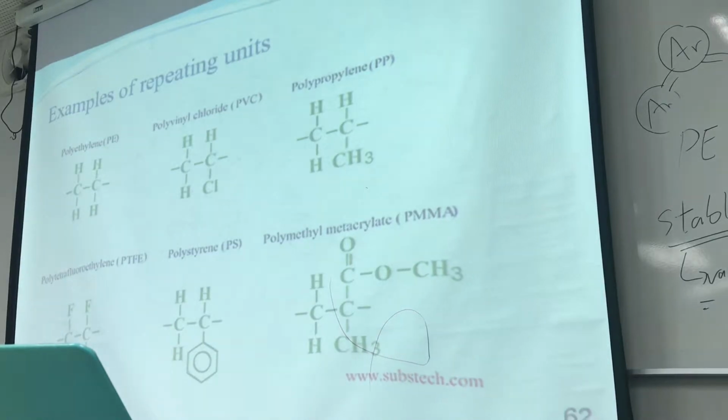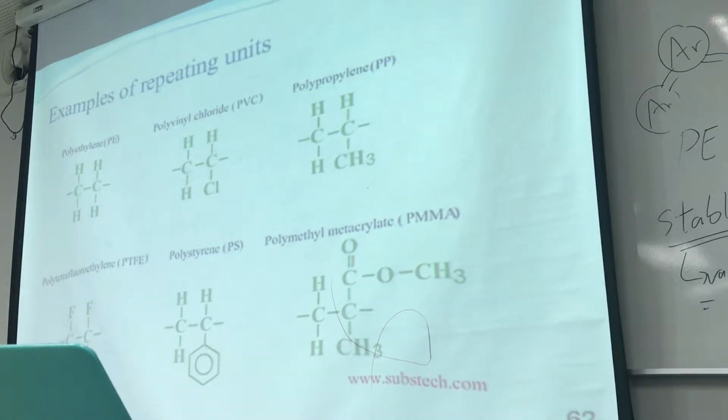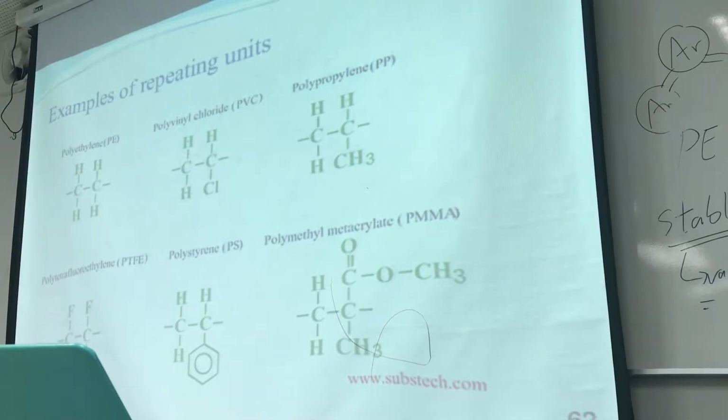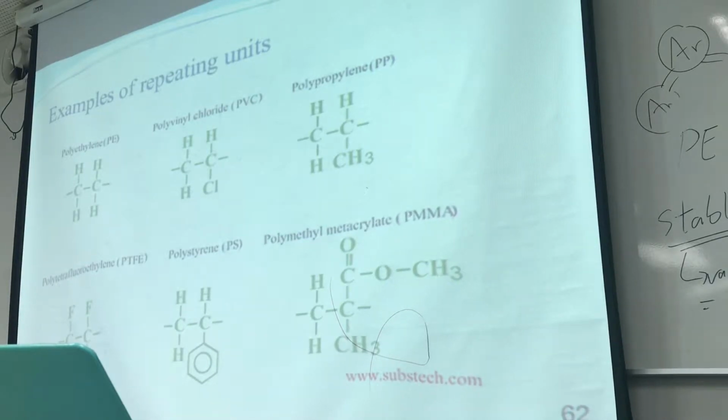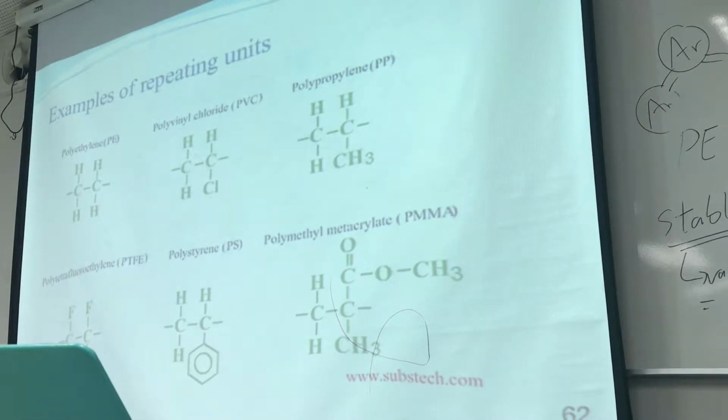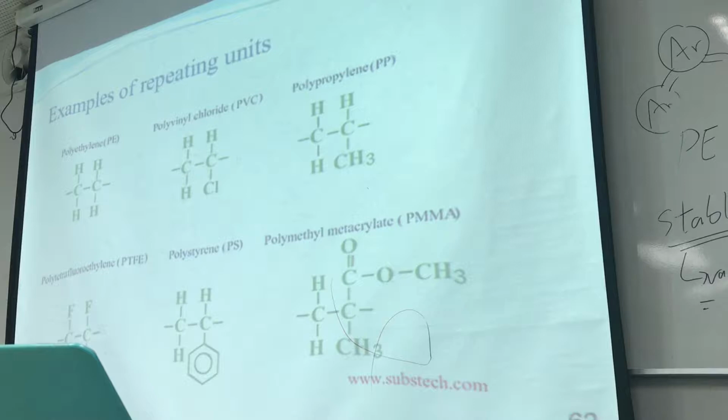Remember, I told you that even if you never heard of ethylene, I asked you to remember ethylene, right? Because ethylene is the most common one that we will learn: C2H4, 2 carbon and 4 hydrogen.